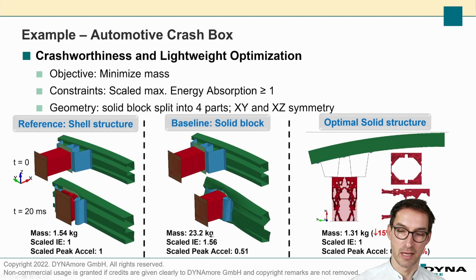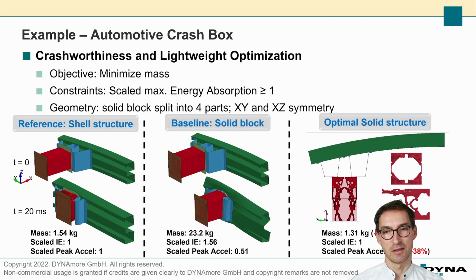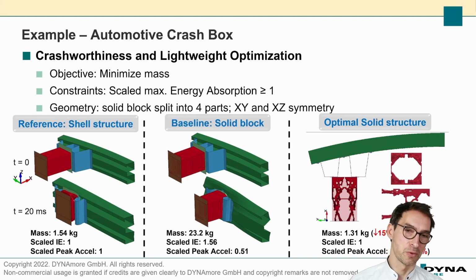And if you compare the end result, you see that the mass is even lower compared to the shell elements. We have the energy absorption of 1, and also the peak acceleration went down in comparison to the shell structure. So basically, shape optimization or topology optimization often gives us an idea on how a possible structure could look like if we want to achieve something.